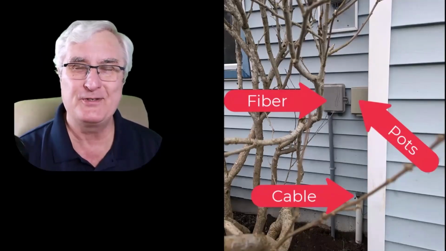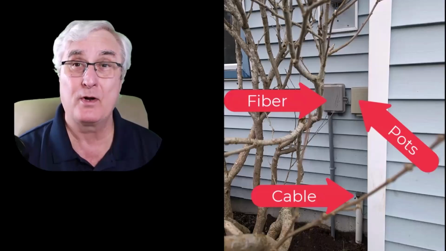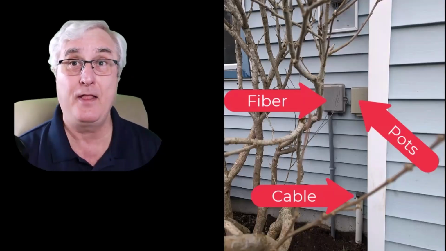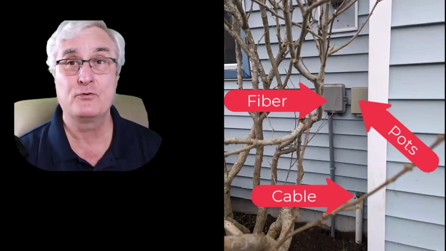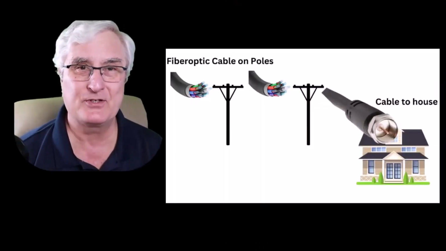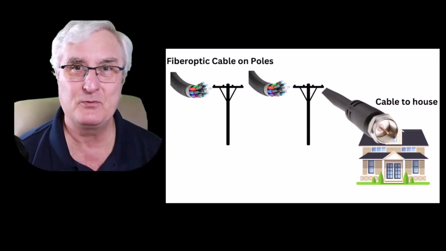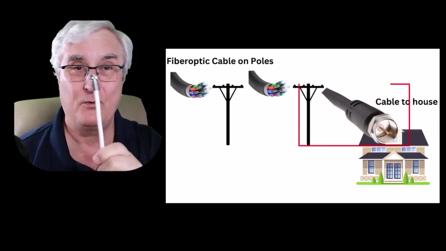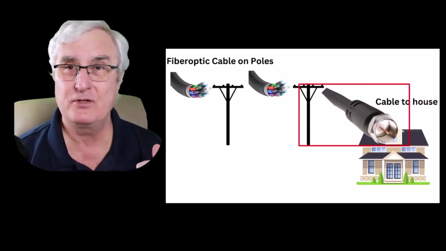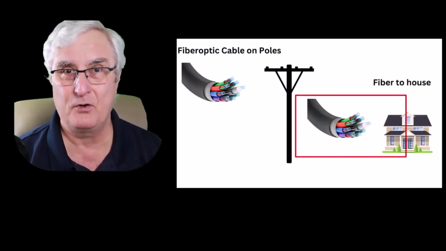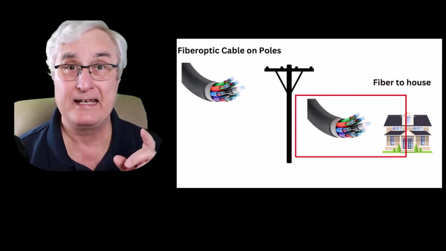Now, whether you're using cable services or a fiber optic service, the data is transmitted on the telephone pole through fiber optic lines. If you're using cable services, this section between the telephone line and your house is cable, this coaxial cable. If you're using fiber, then the section between the telephone pole and your house is fiber.